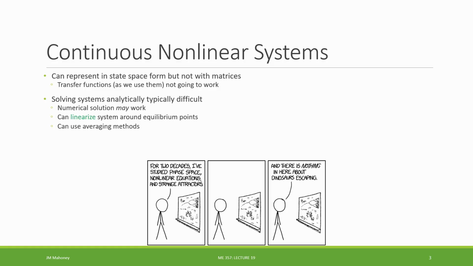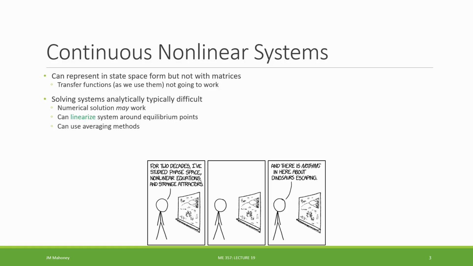We might be able to numerically solve it pretty decently, and we'll see that for the examples we go through here. Now, there are other methods to do a little bit of analytic work when we have a nonlinear system. One thing we typically can do is linearize a nonlinear system around equilibrium points. And what we're doing there is saying as long as our system states are operating near an equilibrium point, and near is very vague in its definition here, we can linearize the system and analyze it as though it's a linear system when we're near that point.